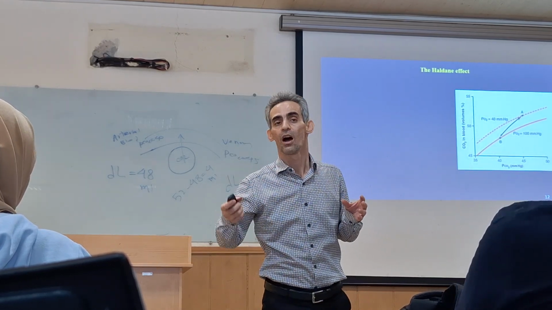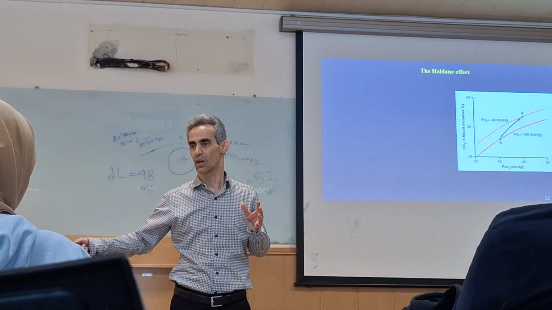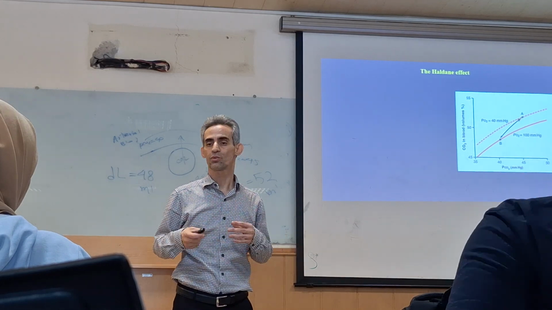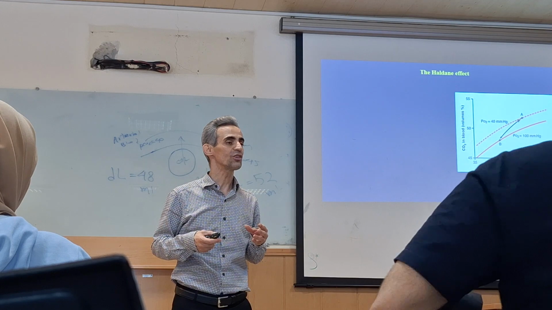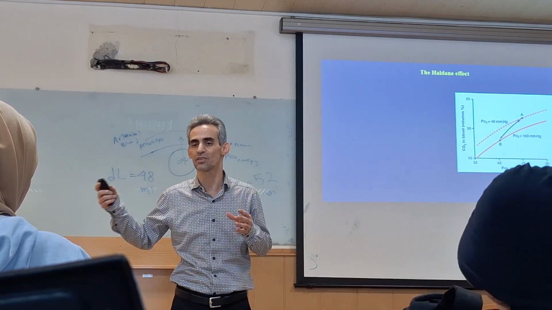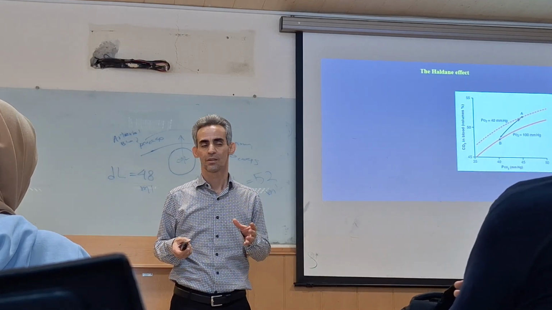A high amount of carbon dioxide leads to shift to the right. A low amount of carbon dioxide shifts to the left. Opposite to this, for carbon dioxide, the oxygen concentration has an effect on carbon dioxide removal. This effect is named Haldane.